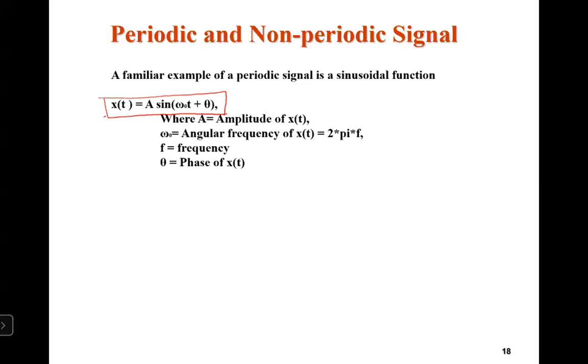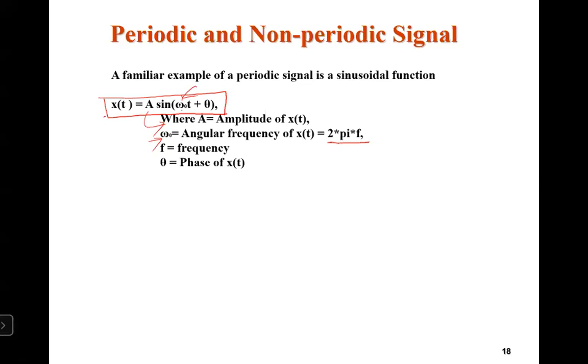Here A is the amplitude, omega 0 is the angular frequency, and you know angular frequency is written in terms of 2 pi f.